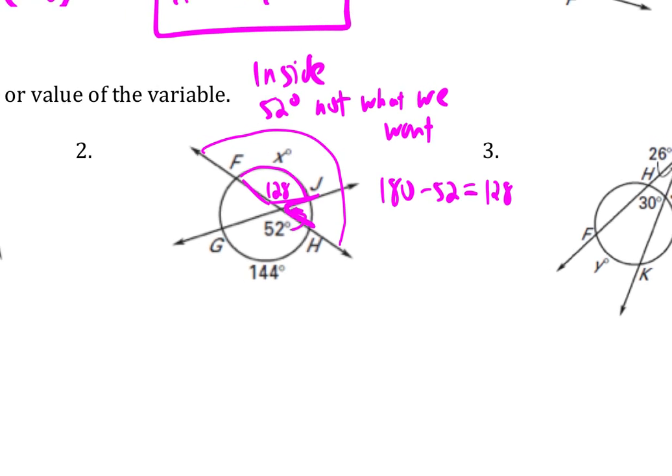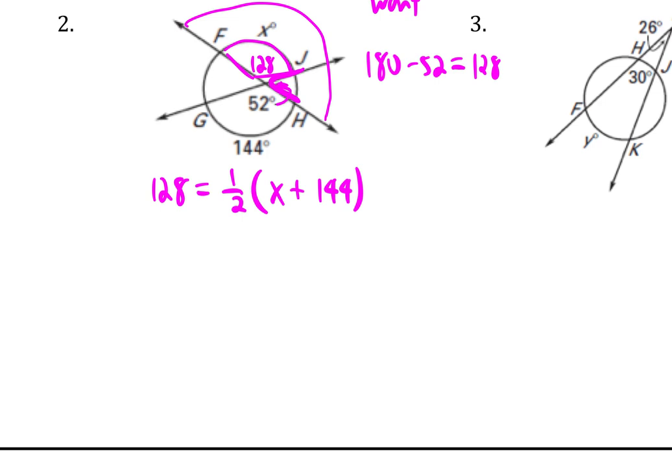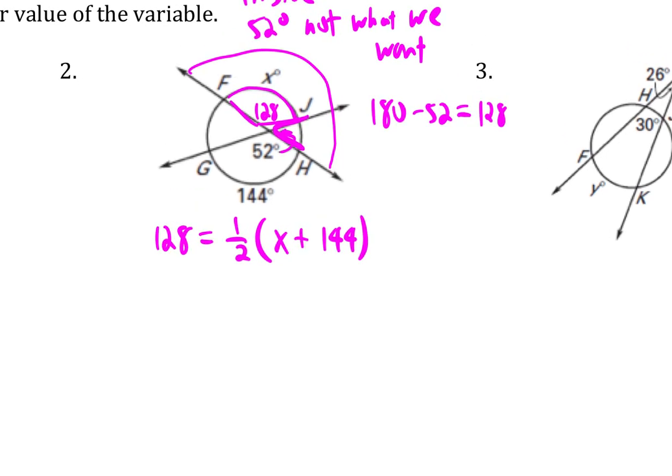So what we know is the angle equals half of the arcs added together. In this case, we know the angle, which is 128, equals 1/2 of the arcs added together, which is x plus 144. They did some extra mean things here for you. So we have to solve for x now. How do we get rid of that 1/2?